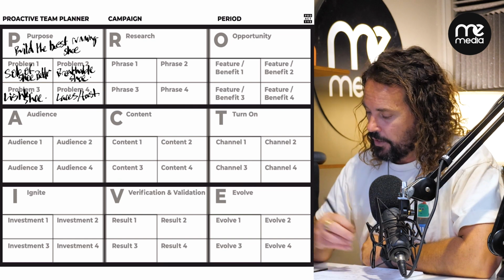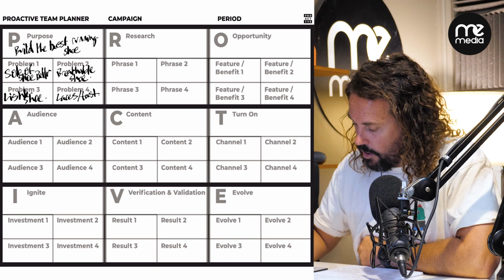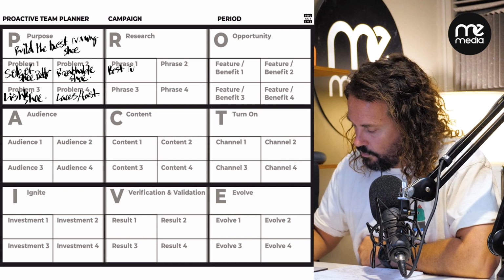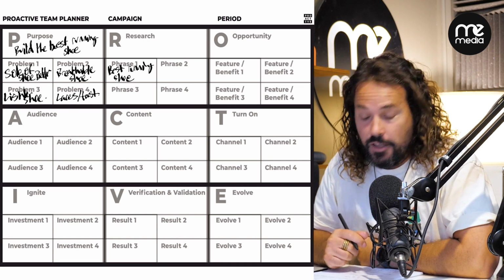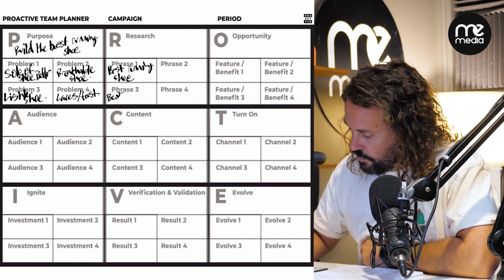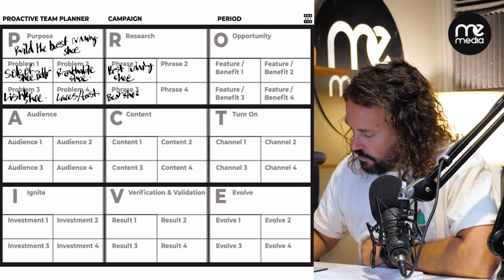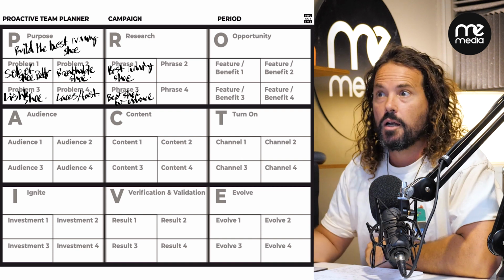So for example, phrase number 1 might be best running shoe. Okay, what would be another one? Best shoe for endurance.